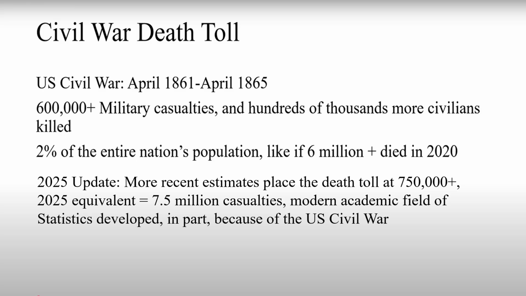And really, the modern field of statistics as we know it develops during the American Civil War as government officials, physicians, aid workers are trying to calculate how many people have died, the death toll, how many people are wounded, trying to help people have the bodies of their loved ones be repatriated and returned. It's a massive moment in American history, a traumatic moment, and it also helps to develop the modern field of statistics as well.